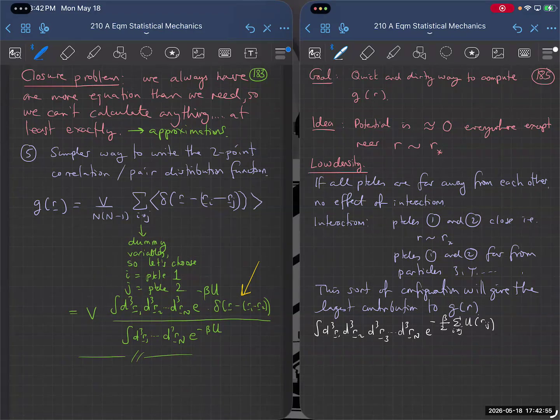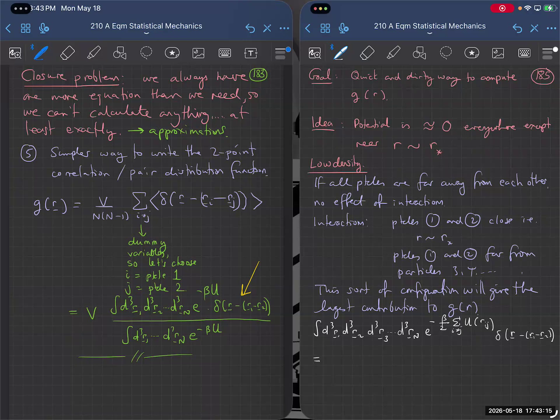Then I have my delta function, delta of r minus r1 minus r2. So that's the numerator. And so what we're going to say is, well, just particles 1 and 2 are nearby. So then I can write this as the integral d3r1, d3r2, delta of r minus r1 minus r2.